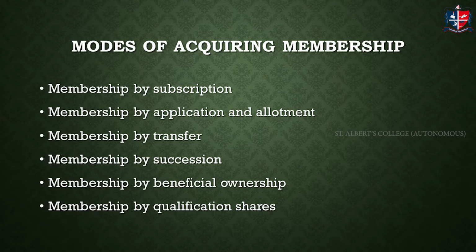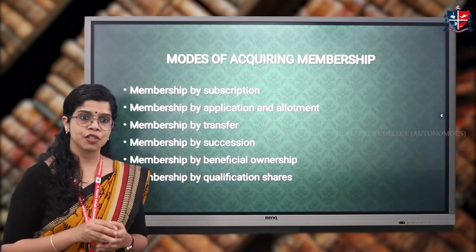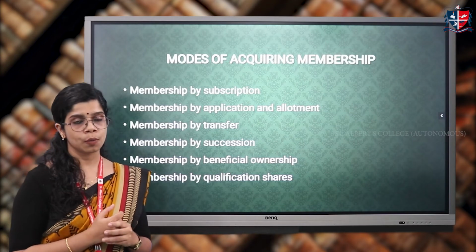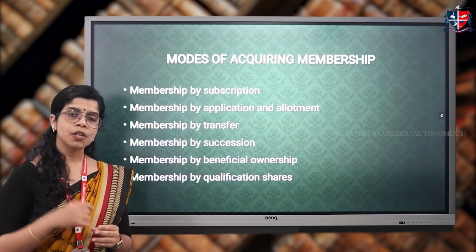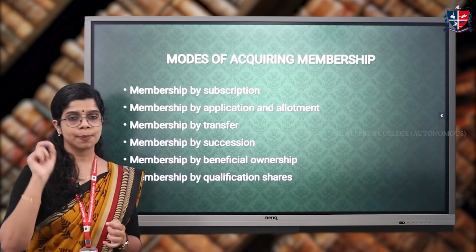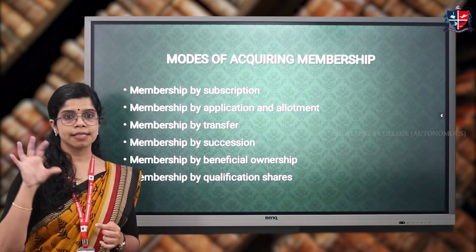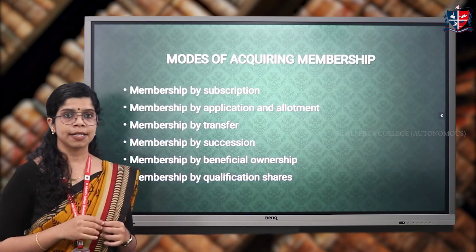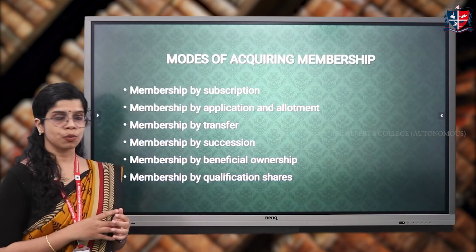If it has been entered in the register of members that this person is the beneficial owner of these equity shares, then we can say that the membership has been acquired by beneficial ownership.